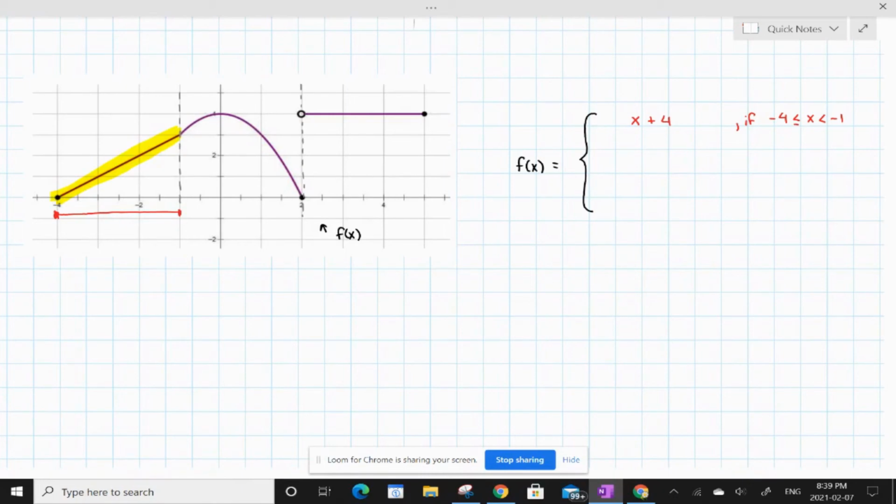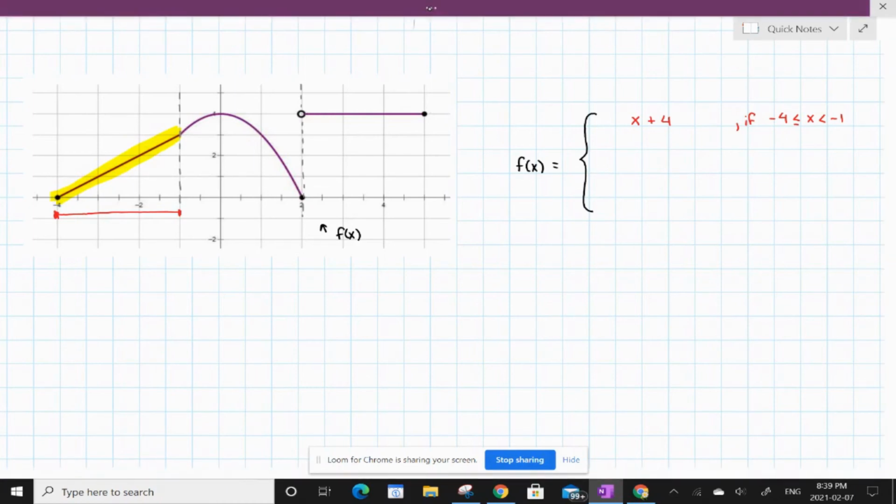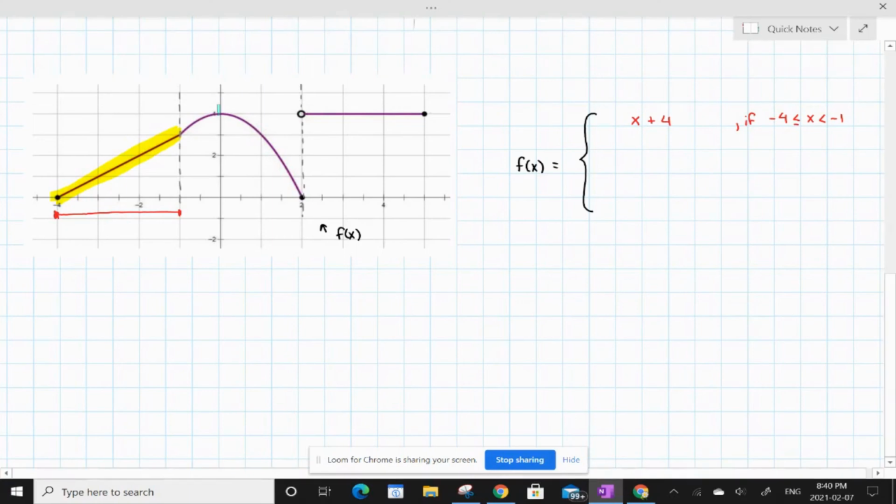The next portion that we're going to take a look at is between -1 and 2. So in this particular case, I'm going to use blue to represent this portion here. Okay. Now be very, very careful. Since I didn't include -1 in that first domain section, I'm going to include it in the second part, because they were connected.